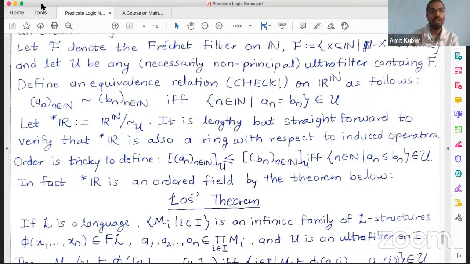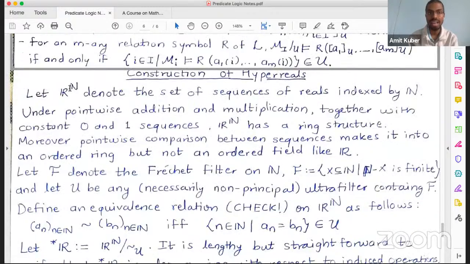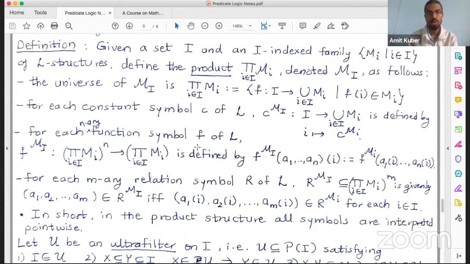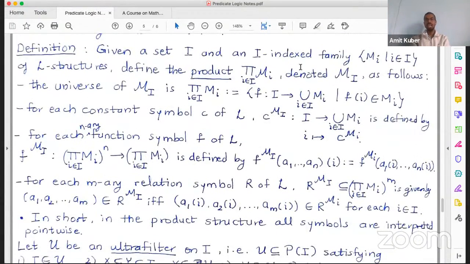Now I don't want to talk only about real numbers. Here I took natural-number many copies of real numbers, but here is some theory. Here I define the product of an indexed family of L-structures.